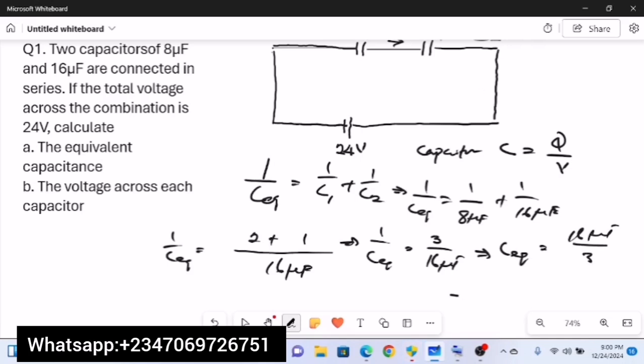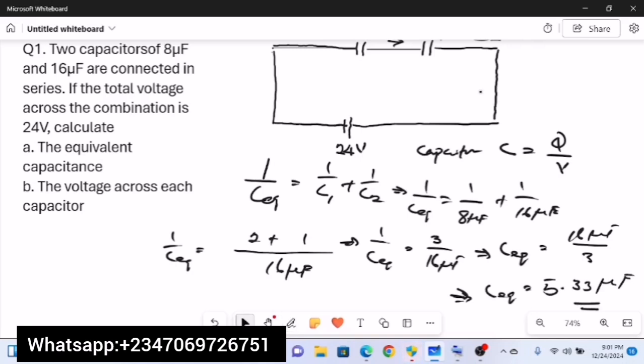With this, we have answered the very first question of determining the equivalent capacitance. So 16 divided by 3 simply gives us 5.33 microfarad. So the equivalent capacitance is simply 5.33 microfarads. That's the first question answered.